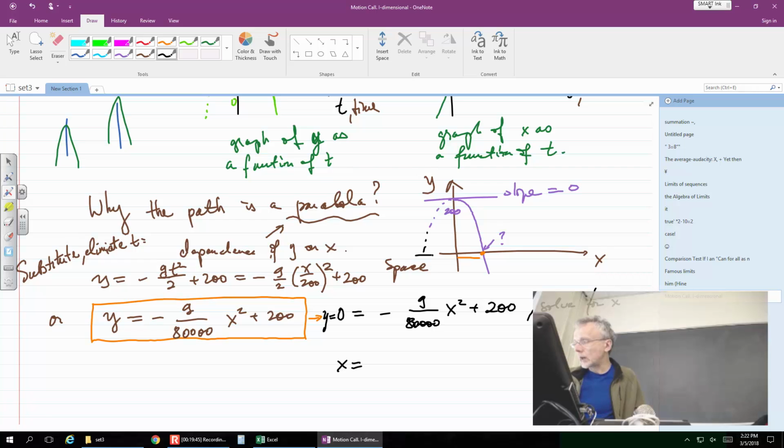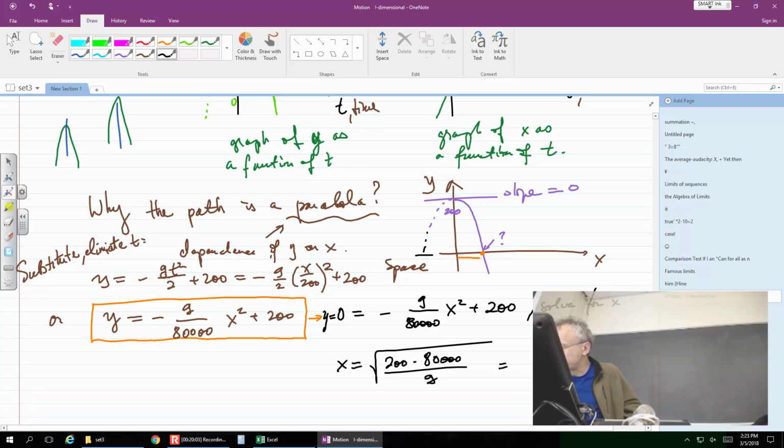So it will be, what is it, 200 times 80,000, if I'm not mistaken, all divided by g, square root. Okay, let me make sure that this is correct. 4, 1, 2, 3, and 3 divided by g.